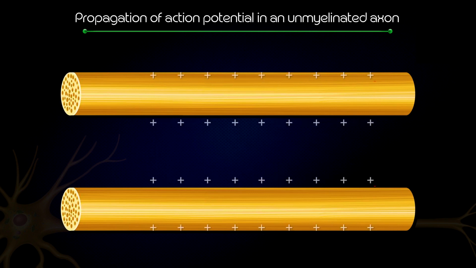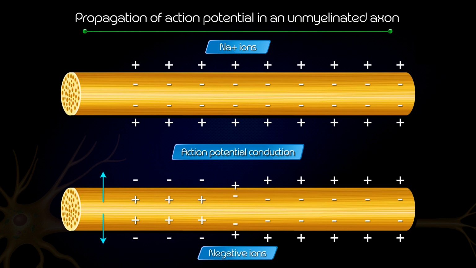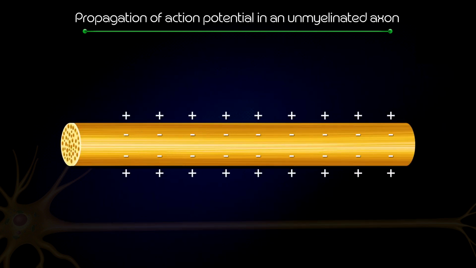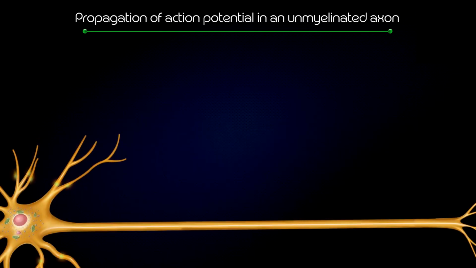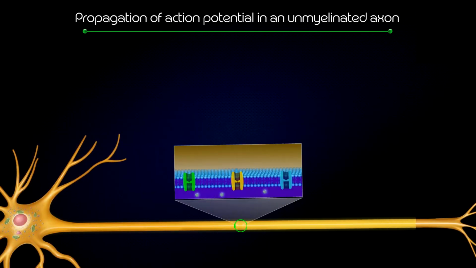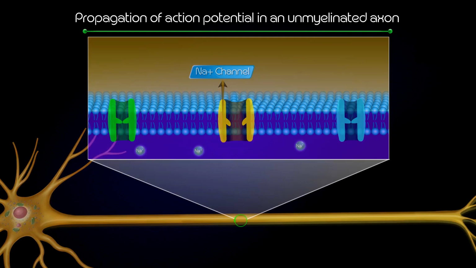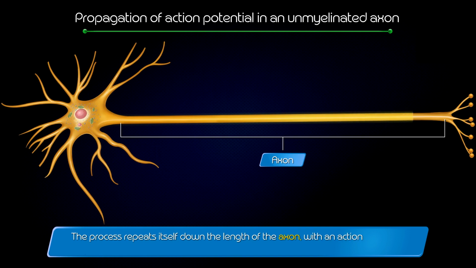Once inside, positively charged sodium ions nudge adjacent ions down the axon by electrostatic repulsion and attract negative ions away from the adjacent membrane. As a result, a wave of positivity moves down the axon without any individual ion moving very far. Once the adjacent segment of membrane is depolarized, the voltage-gated sodium channels in that segment open, regenerating the cycle. The process repeats itself down the length of the axon with an action potential regenerated at each segment of membrane.